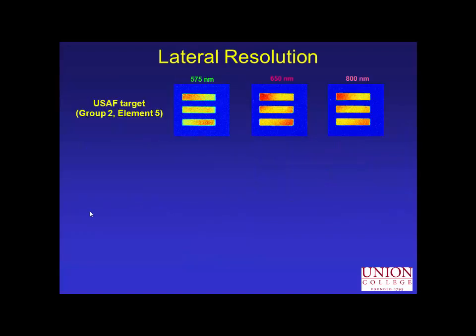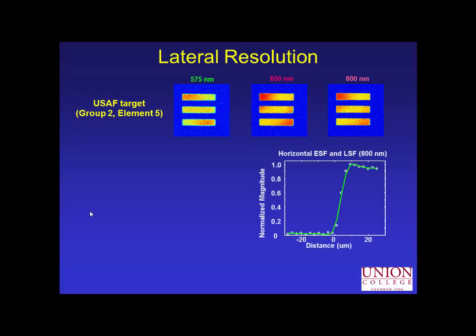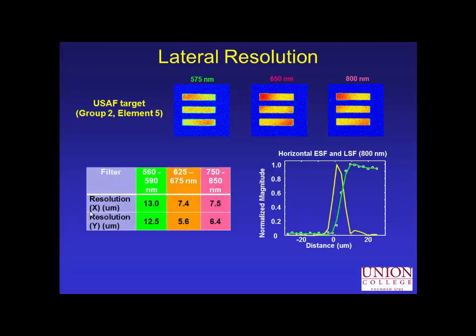Spatial resolution. If we actually image a USAF target, we chose 3 different wavelength bands and then do the usual edge spread function and the derivative to get the line spread. The full width at half max of that is how we define our resolution. And so we end up with these 3 cases. At the shorter wavelengths, the resolution is clearly not as good.